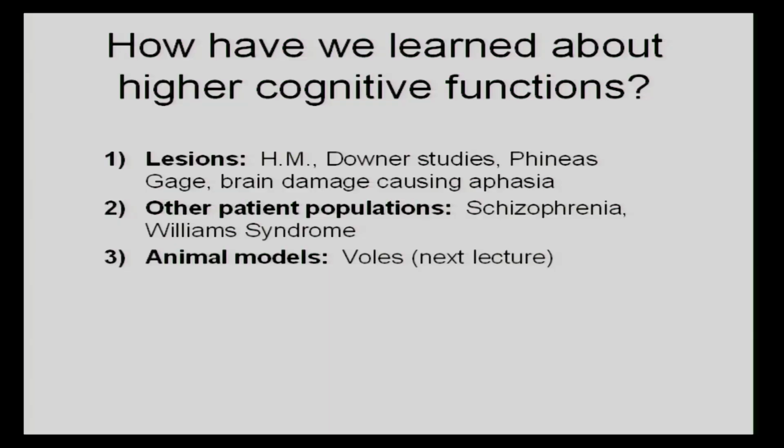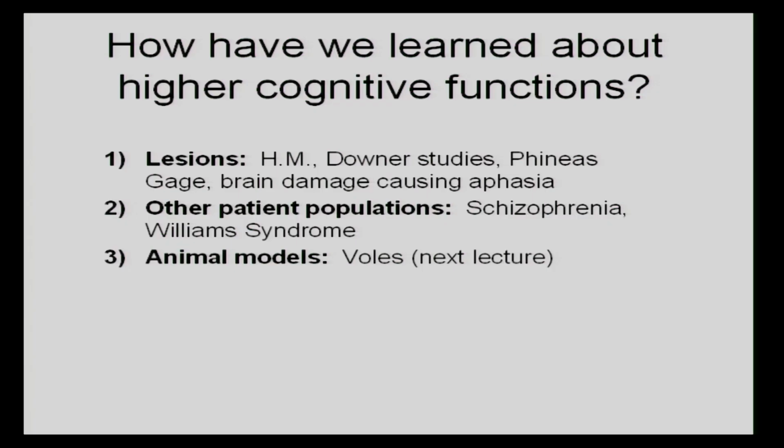We learned about them through lesions, through patient HM that had a surgical lesion that was a big mistake, and because of him, no more of these bilateral medial temporal lobe lesions were done because of the devastating effect it had on declarative memory. Downer identified the critical role of the amygdala in processing fearful information. Phineas Gage was our example for frontal lobe damage, and brain damage, mainly through strokes, causing different kinds of aphasias.